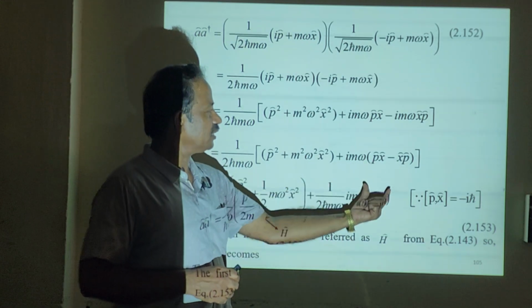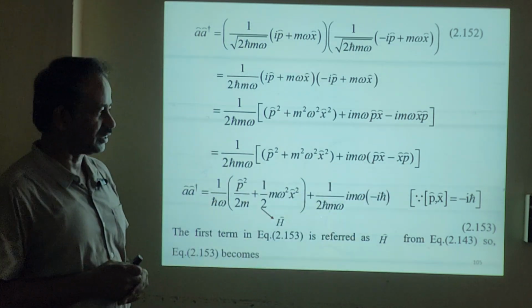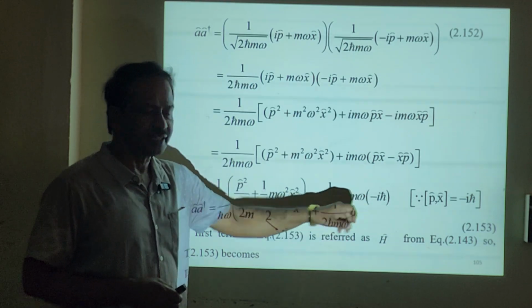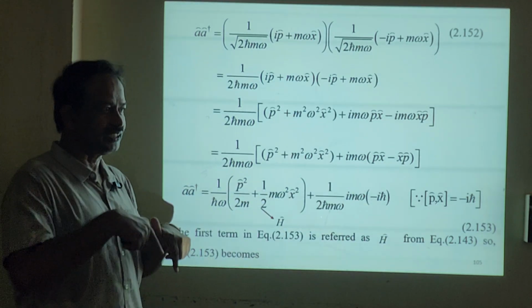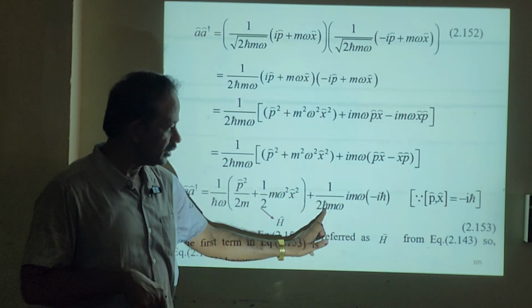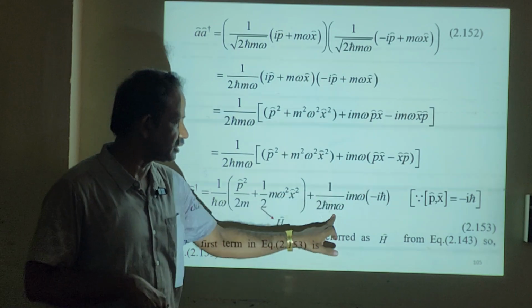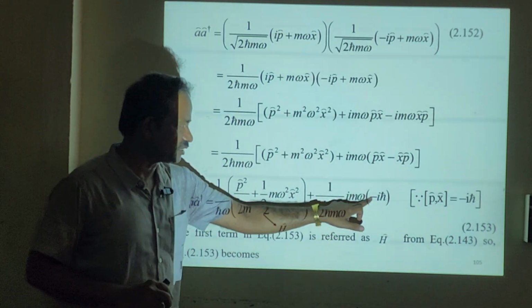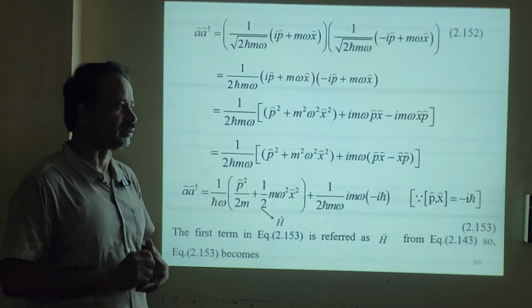Okay, you substitute for this expression alone, minus i h cross. So minus exists, and you have I into I squared minus 1. So minus minus will get plus, and you will have m omega h bar. Here also you have m omega h bar, both will get cancelled. You will get 1 by 2. Okay, so this expression will have 1 by 2. Just keep it in your mind.